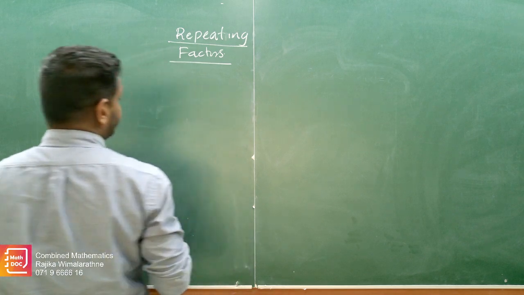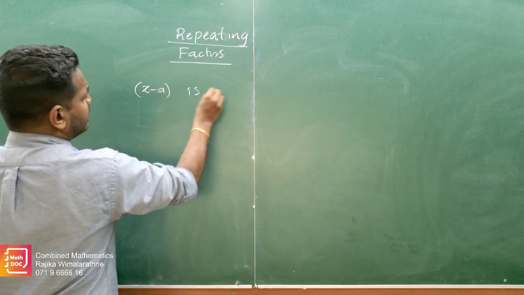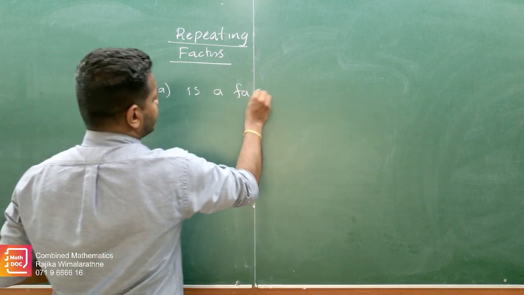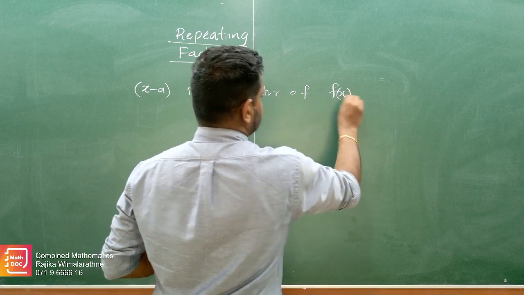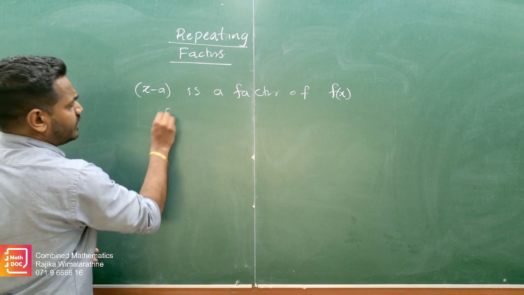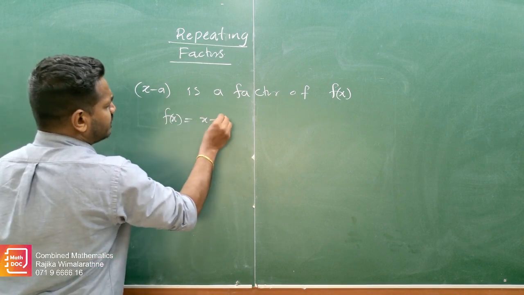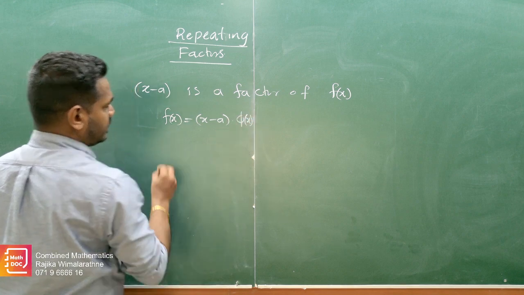Now consider x minus a. x minus a is a factor of f(x), say f(x) is a polynomial function. Then you write f(x) equals (x minus a) times phi(x), another polynomial.